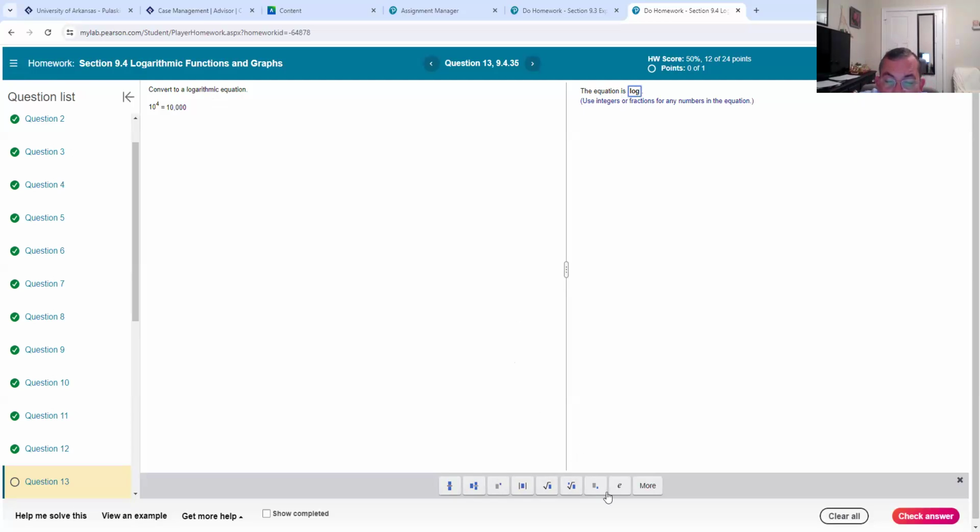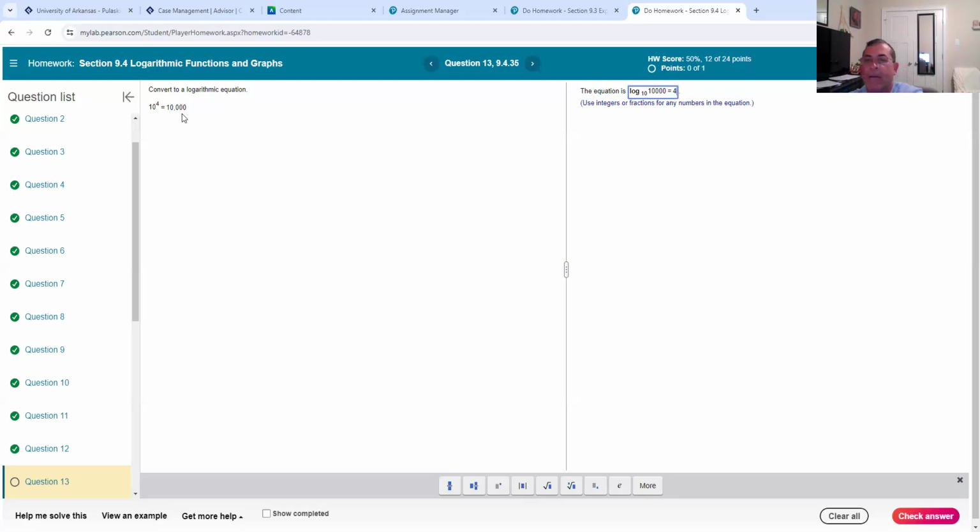Now, you got to come down here and hit that little subscript. The base of the log is equal to the base of the exponential, which was the 10. And then you go to arrow right. The result is the 10,000. And that's going to equal the exponent of a 4.